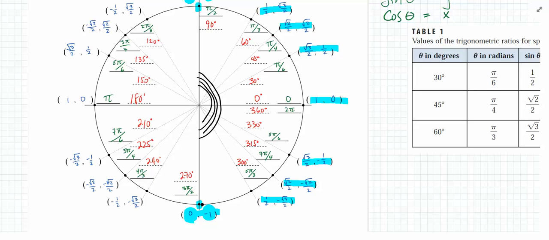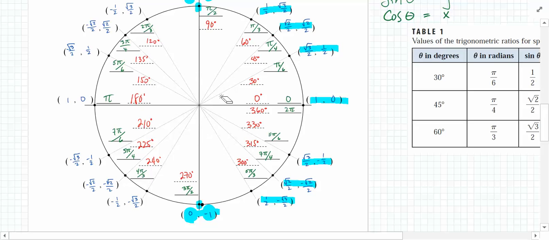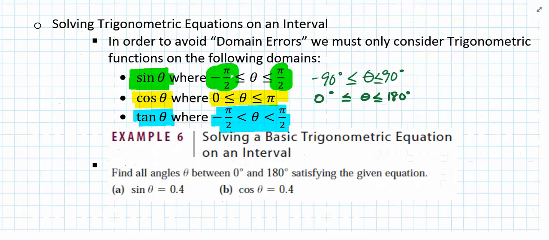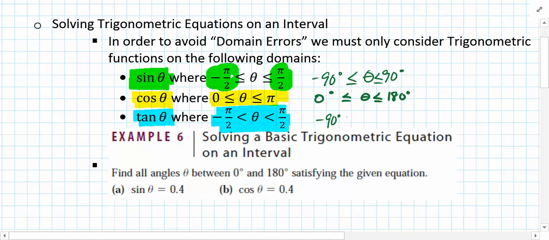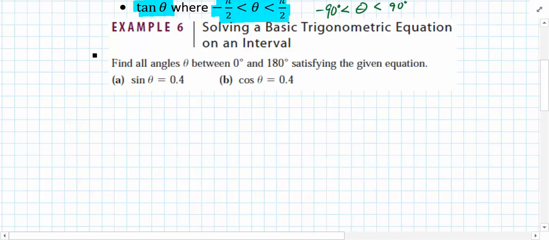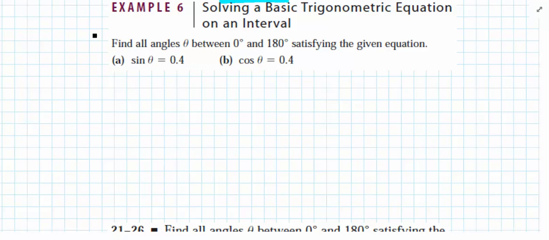Therefore, when we calculate tangent of theta, we need only to look at theta values between negative pi over 2 and positive pi over 2. So in degrees, we're allowed to use any value from negative 90 degrees up to 90 degrees, as long as we don't include 90 degrees or negative 90. We cannot include those values, otherwise our result would be undefined.